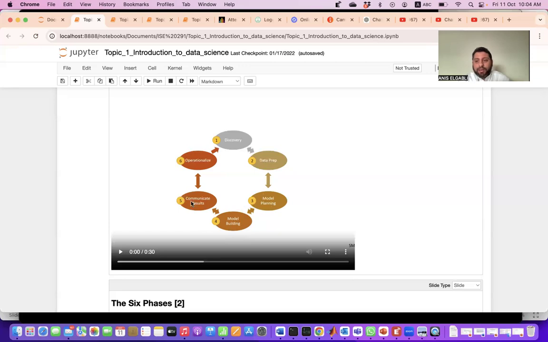Then you communicate your results to the stakeholders. Here you prepare a report, summarize your key findings, and deliver them to the stakeholders. Did we successfully achieve the metrics? If not, why? What are the challenges and what are the problems? If the key performance metrics are met, then you move to the operation phase.